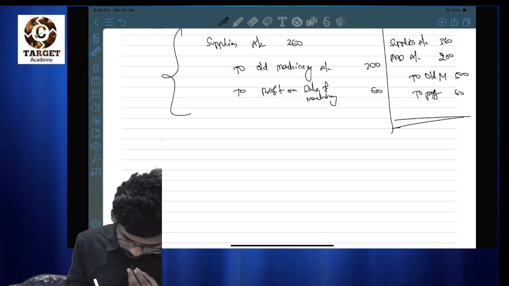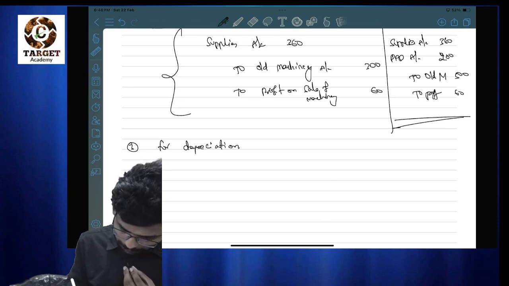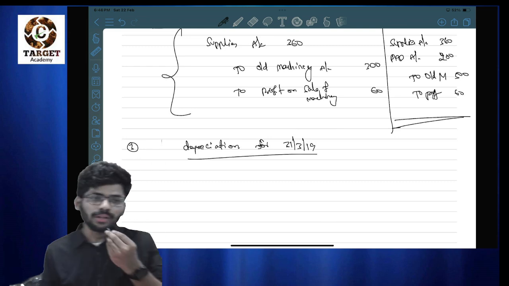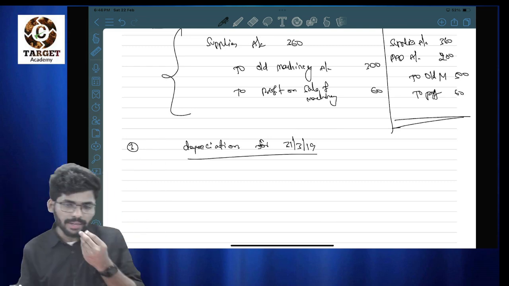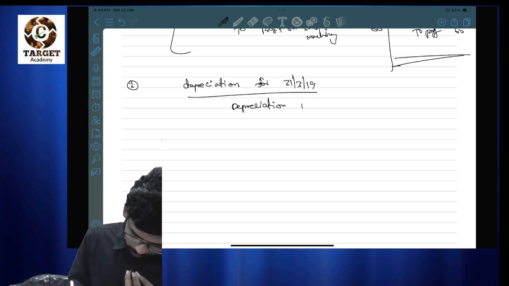Write down the third entry for depreciation. Depreciation for which year? Depreciation for 31st March 19. What is the entry? Depreciation account debit to provision for depreciation account.